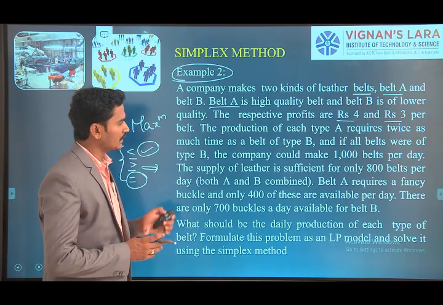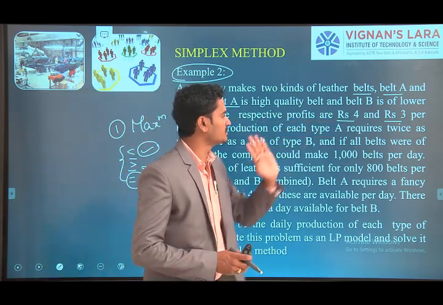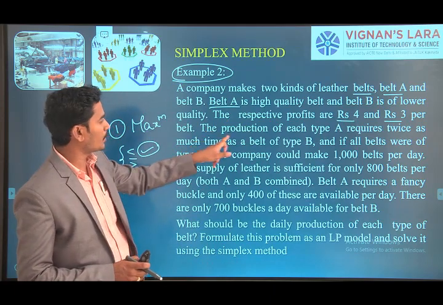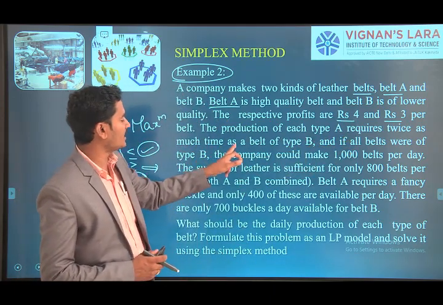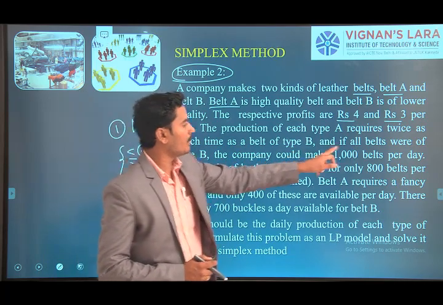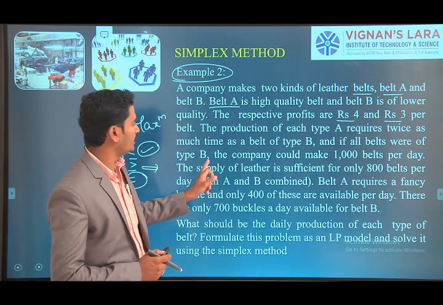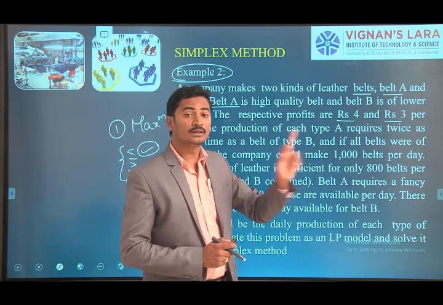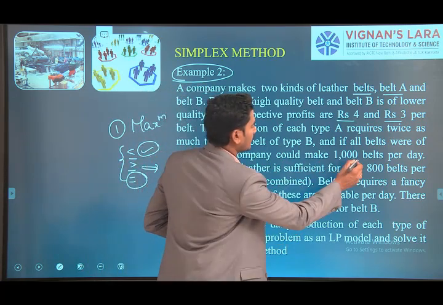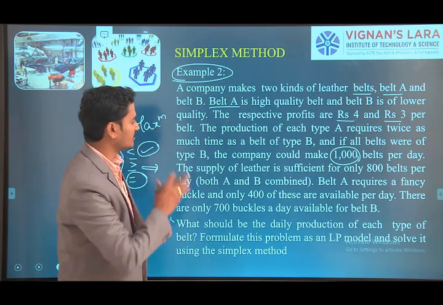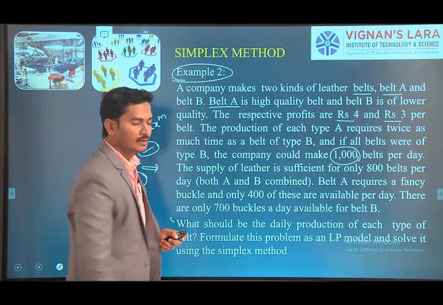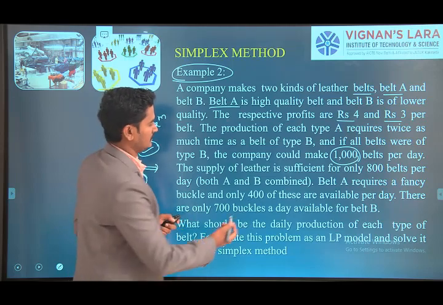Okay, the objective function is over. Now we have the constraints. Next, the production of each belt of type A requires twice as much time as a belt of type B, and if all belts were of type B, the company could make only 1000 belts per day. That is our constraint. What is that constraint?